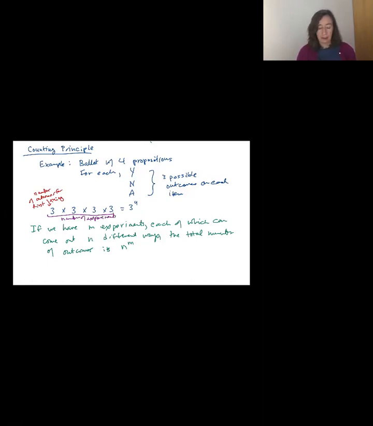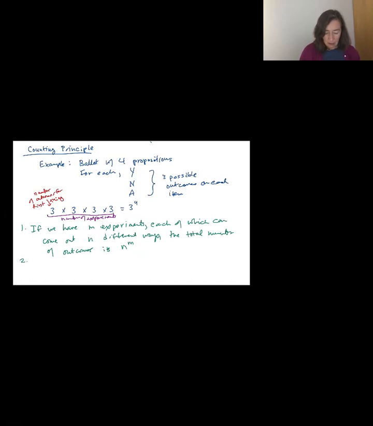This is one version of the counting principle where each of the experiments has the same number of outcomes, but they don't have to all be the same.